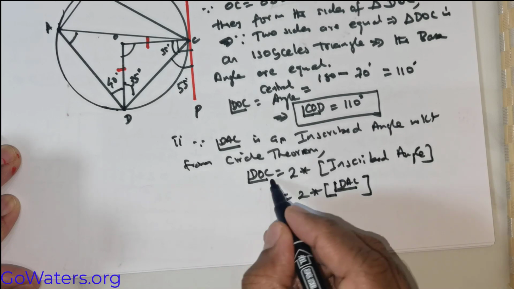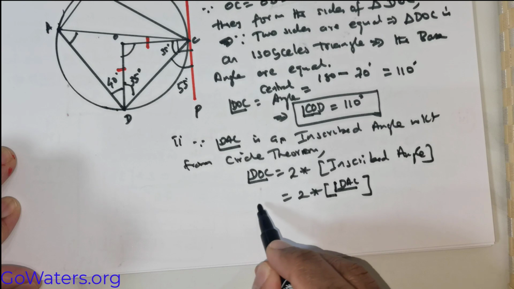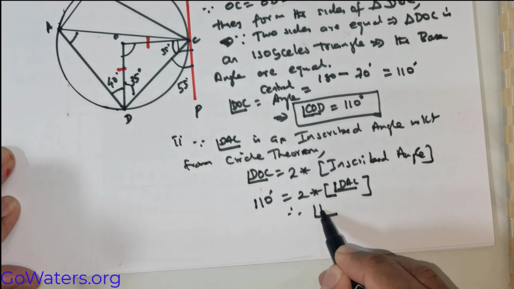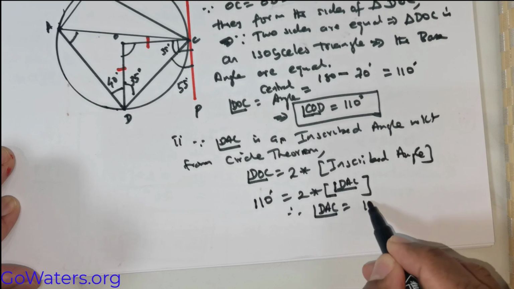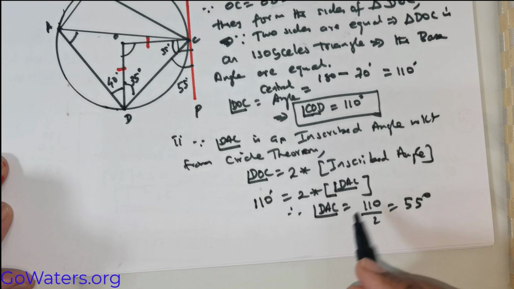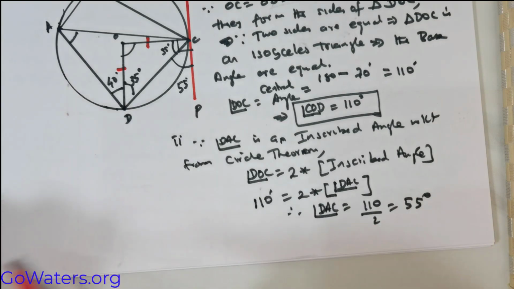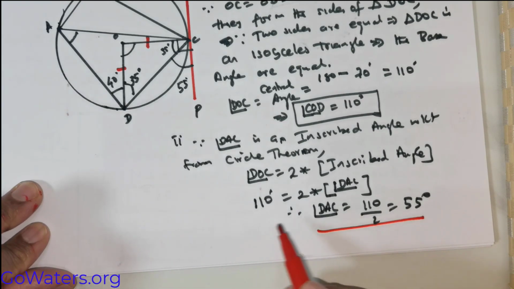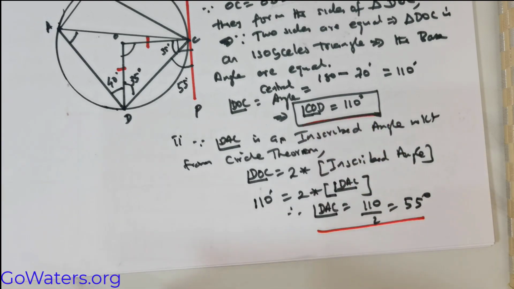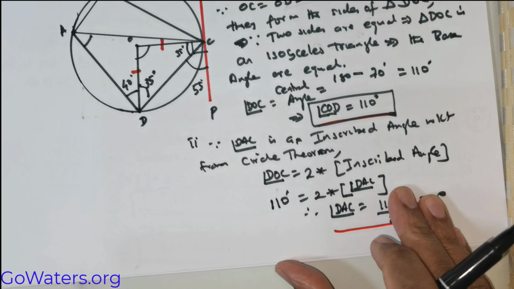On the left hand side, DOC or COD is equal to 110 degrees. So therefore, angle DAC is equal to 110 divided by 2, which is equal to 55 degrees. So that is the solution. Probably you can underline it or put it in a box so that it's visible. So that is already got.